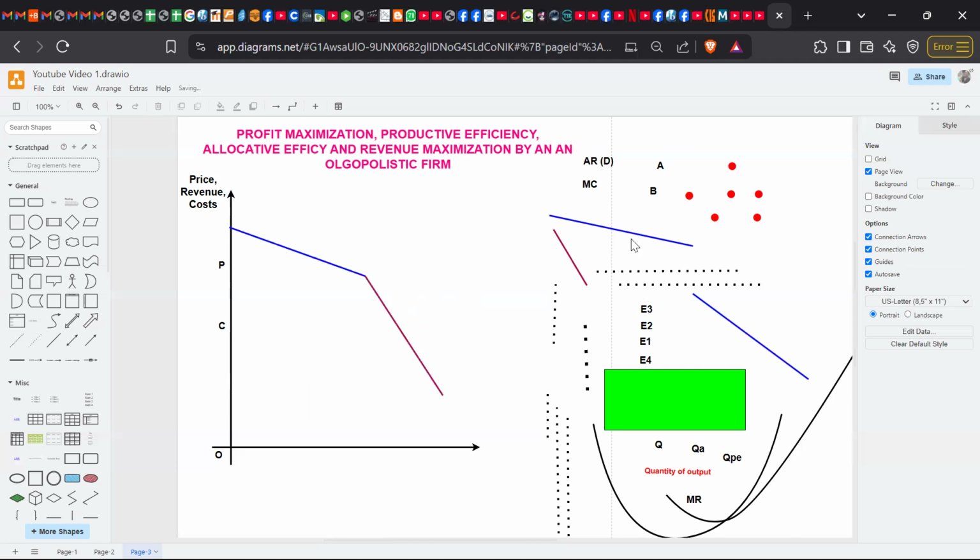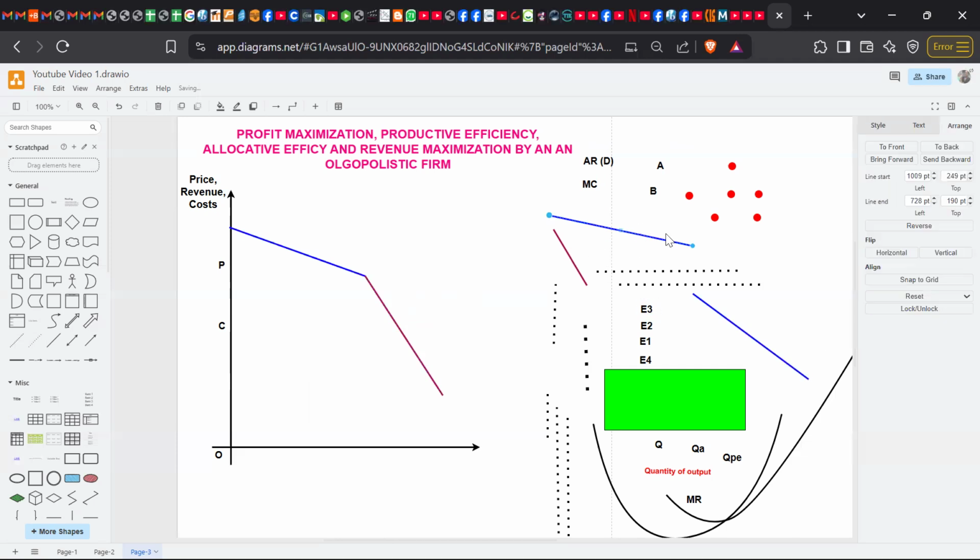Now we have the marginal revenue curve. We have the marginal revenue curve like this, and there is indeterminateness of the curve till this particular point, which means that if the marginal revenue and MC, when we draw, this will become more relevant.